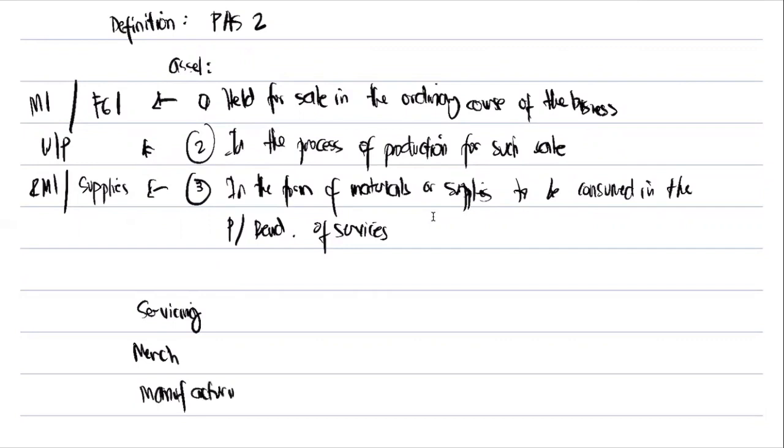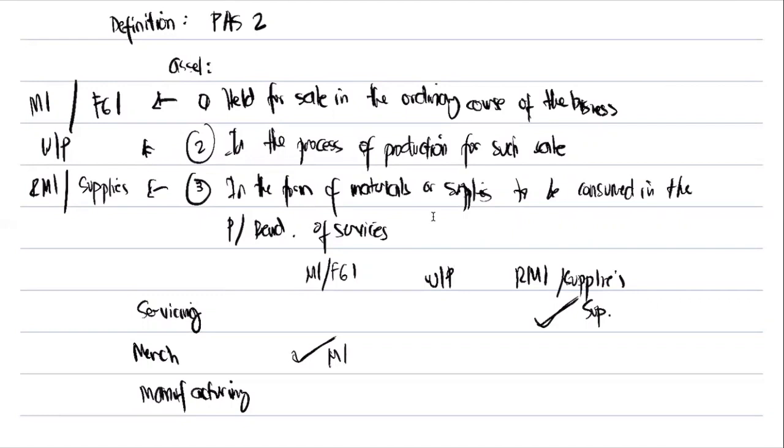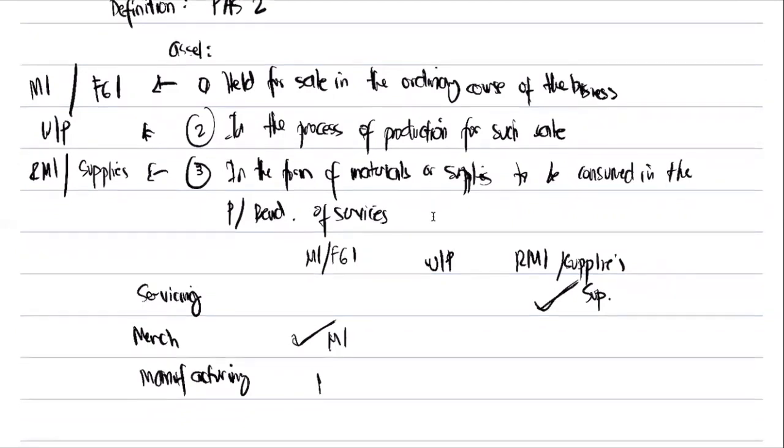and manufacturing. So we have your MI or FGI, we have your work in process, we have your RMI or supplies. In servicing, what is only present is the supplies. In merchandising, what is only present is the merchandise inventory. But in manufacturing, FGI, work in process, and RMI are present.